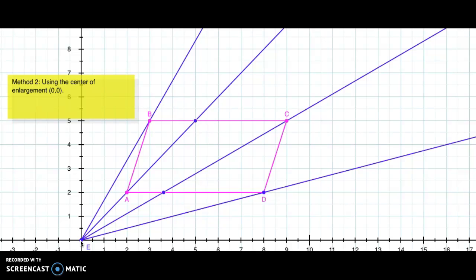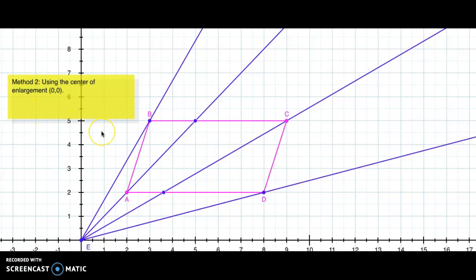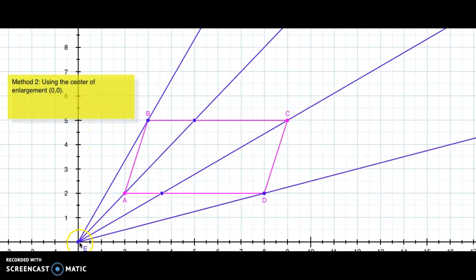So from there, I looked at, for each point, A, B, C, how far was it from the center of enlargement? So for example, if I look at point A, and I count, it is 1, 1, 2, 1, 2.